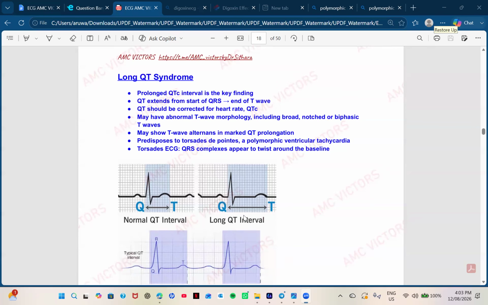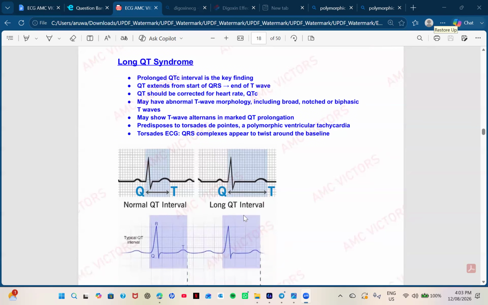Okay, so what are the causes of long QT? Tell me, doctors, causes of long QT syndrome. There can be congenital long QT syndrome.